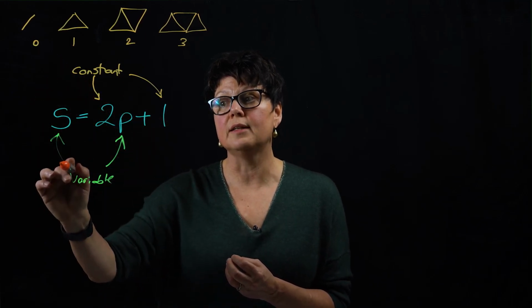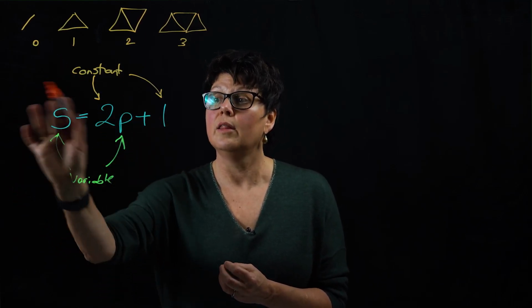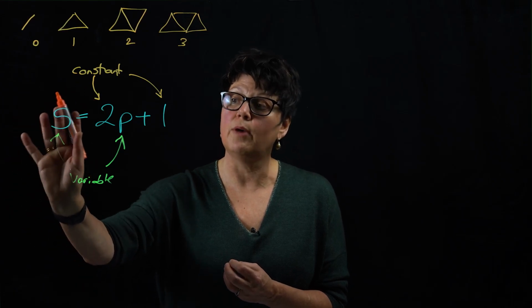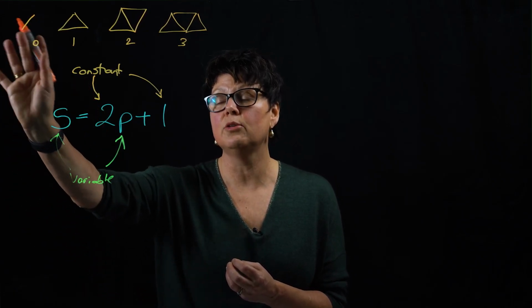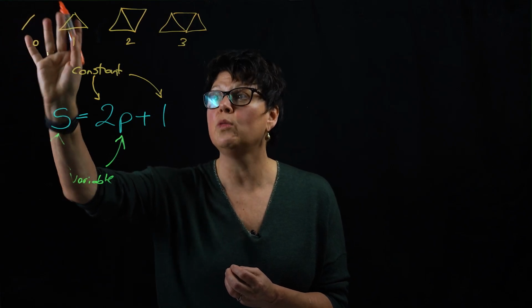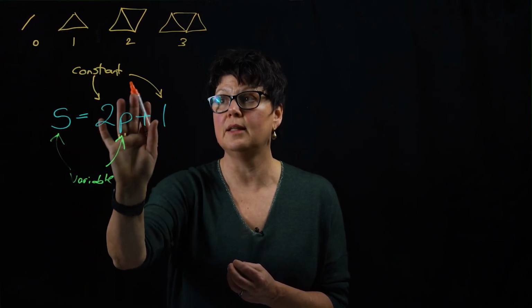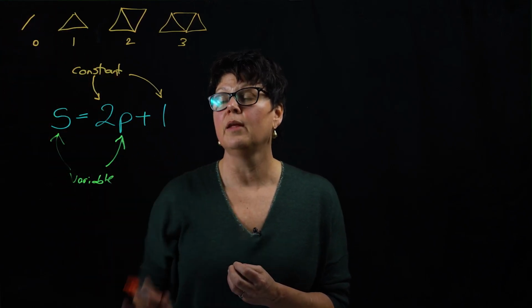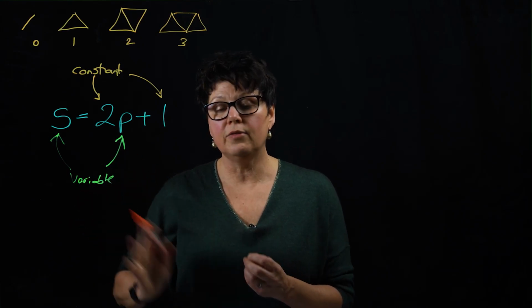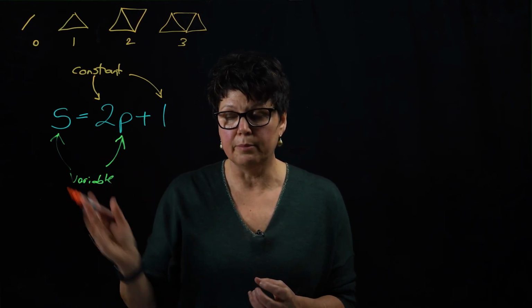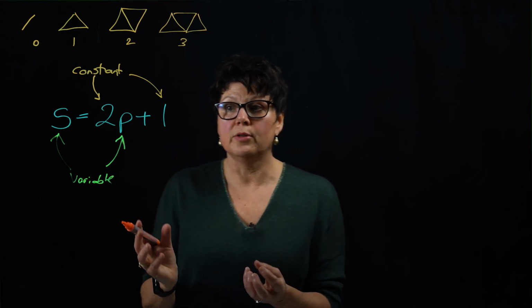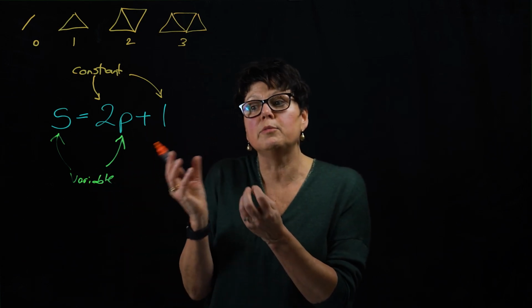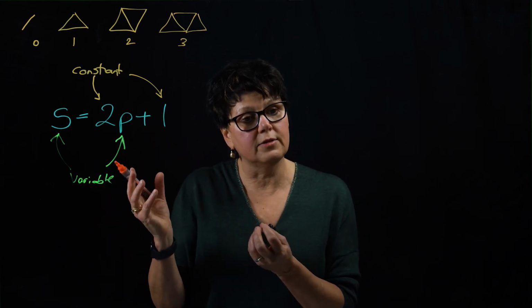The number of sticks, this variable, really only is representing positive integers because we can't start with 0 sticks. We're starting with 1 stick when the place in the sequence is 0. Can't be a negative integer, can't be a decimal number. So if we said any number is possible for P, some students then find that hard to fit together.